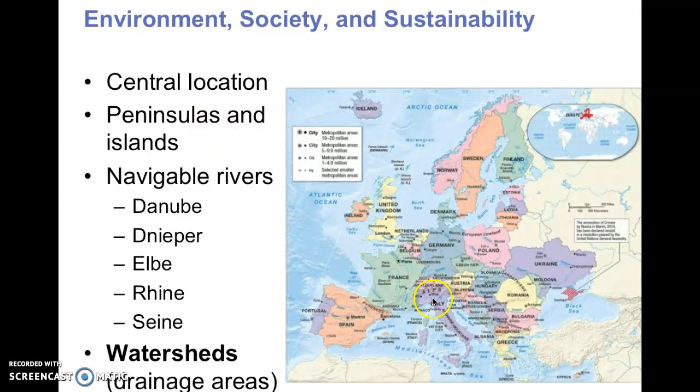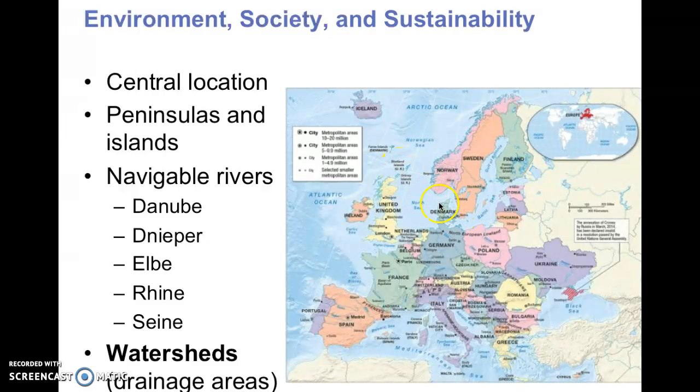The other thing you notice when you look at this map is that Europe is a continent of peninsulas and islands. Not only are all the islands down here in the Aegean, there's all these small islands, but you also have Sicily, Sardinia, Corsica, the United Kingdom, Ireland, Iceland, and the Shetland Islands out here.